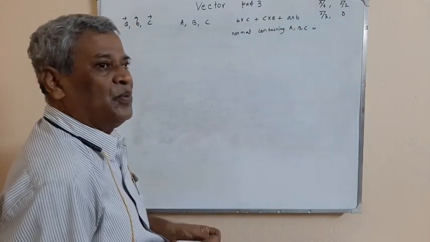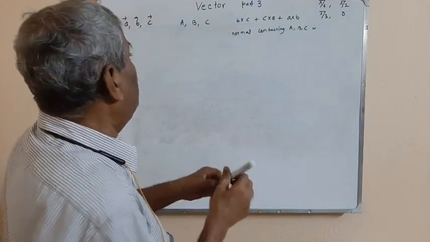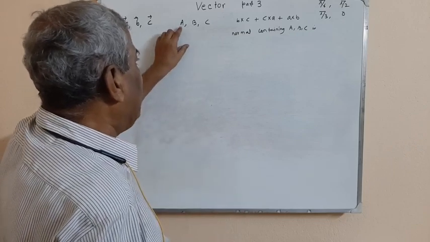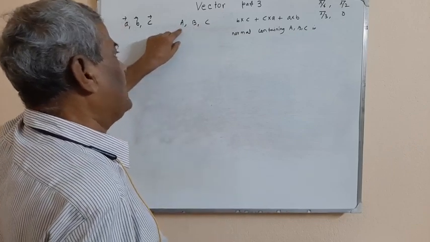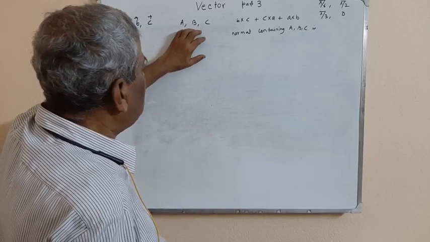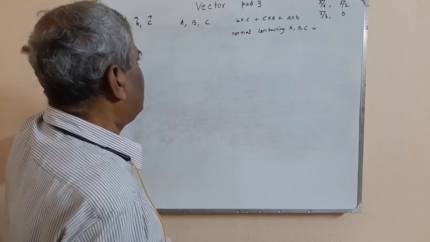Let us see once again what the problem is. Capital A, B, and C are 3 points in a plane. Their position vectors are this, this, and that.